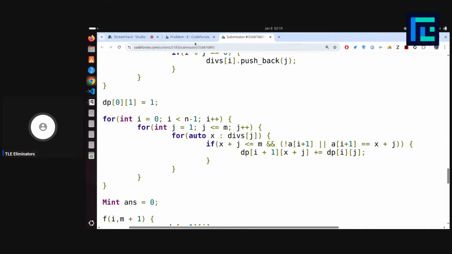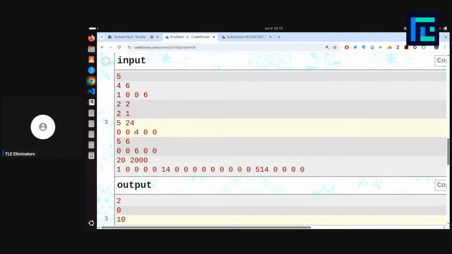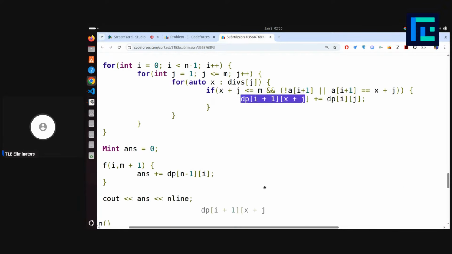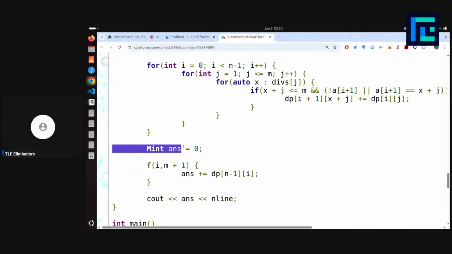Because at some positions the value is fixed, so on those we don't push the dp value for the other numbers, right? So this is what we can do, and the final answer would be the sum of all dp values for all m, right? And print the answer.